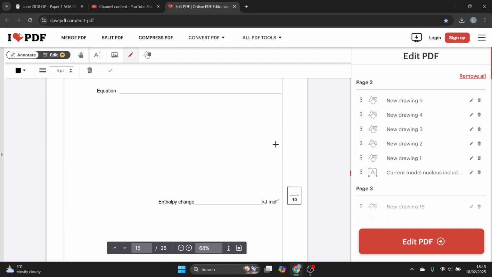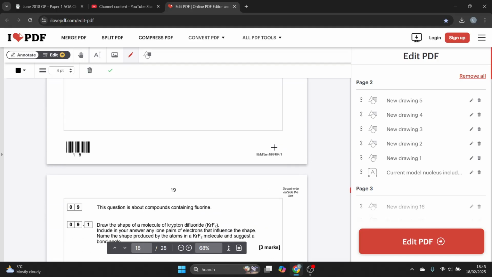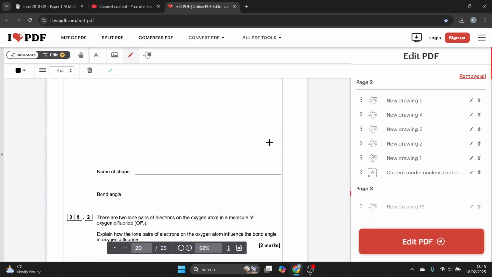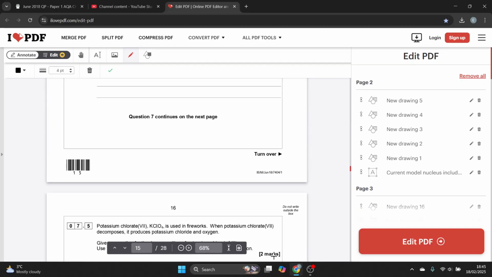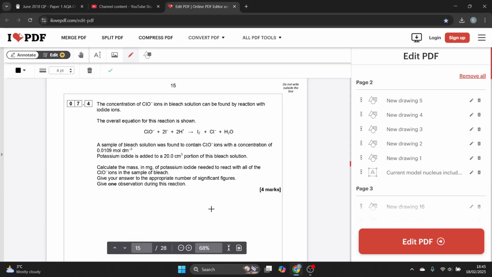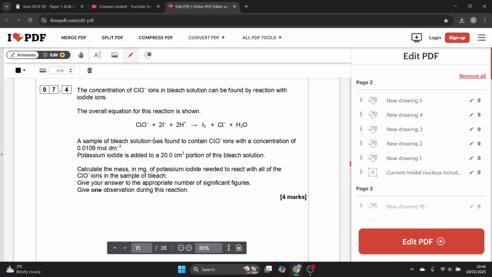Question 7.4. Calculate the mass in milligrams of potassium iodide that reacts with all the ClO minus ions. I know the ClO minus content of this much bleach solution.